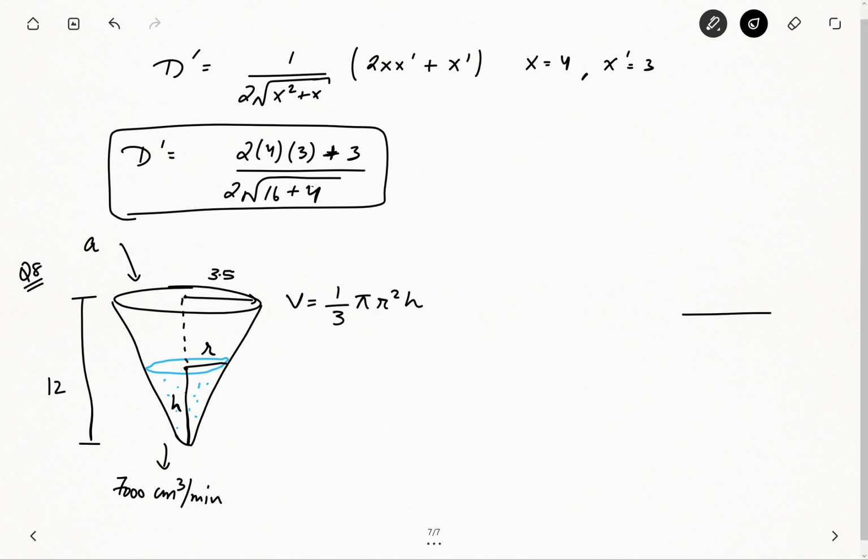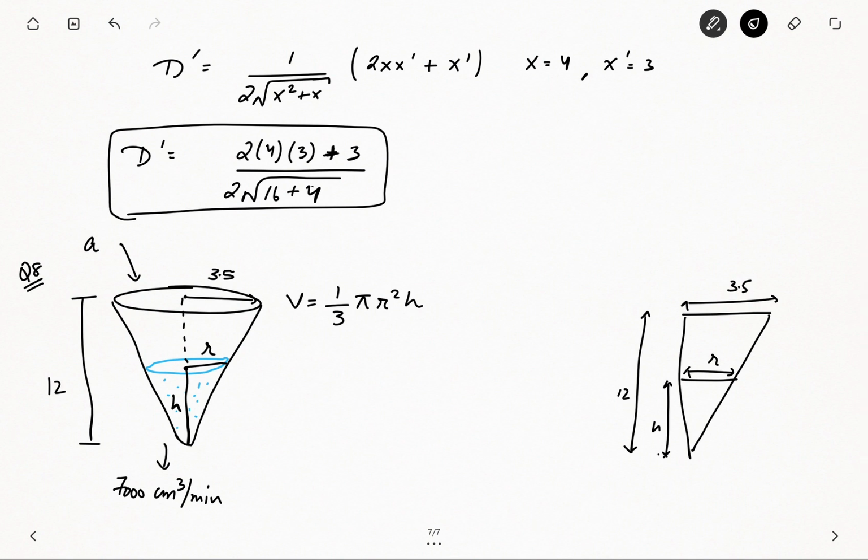So if you draw the little triangle that's happening inside, where this is the water level, if you just chop the cone in the middle and look at it, you know this whole side is 12, this side we call h, this side is r, and that side is 3.5. Using the same similar triangle ratio that we did before, we can find a relationship between r and h.